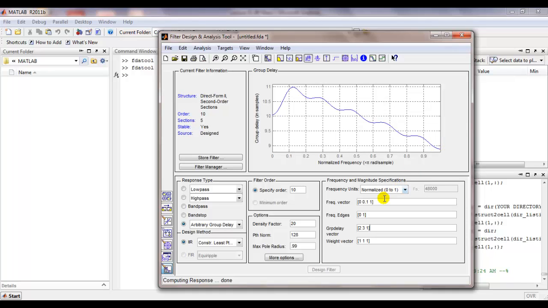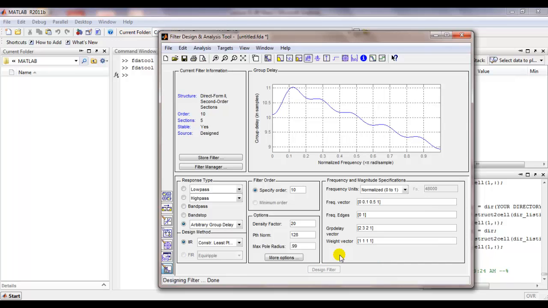I could have changed it. I could have said I want 0.1, then let's say 5, and I want to go from 2 to 3, then I want to come from 3 to 2 at 0.5, and then I want to go to 1, and my weight vectors are all 1, 1. I do the design, and the method is taking its time.